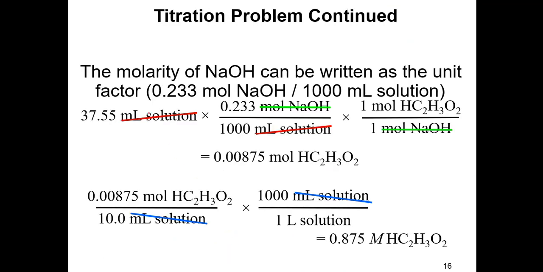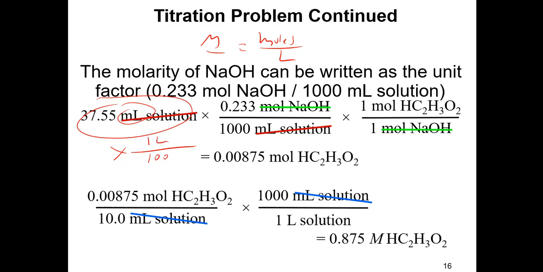So here is how we might set it up. There is our starting mLs. Notice molarity has to be written as moles per liter when we turn it into a conversion factor, but we're starting off with mLs. So there's an implied conversion where 1 liter is equal to 1,000 mLs.